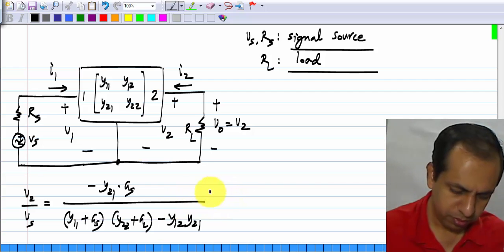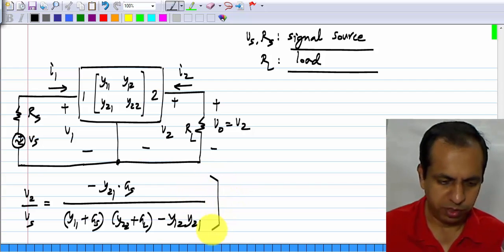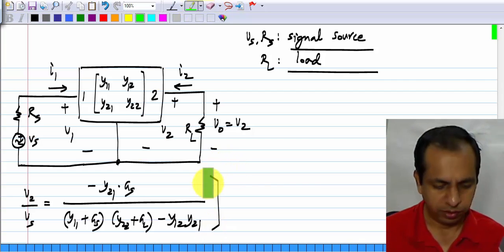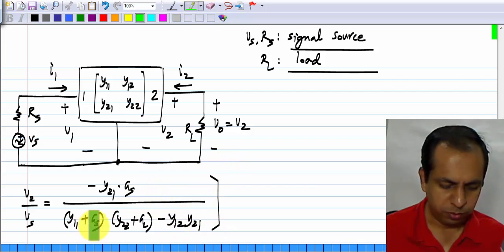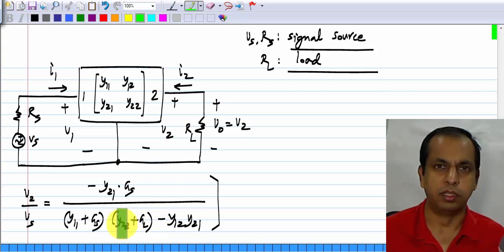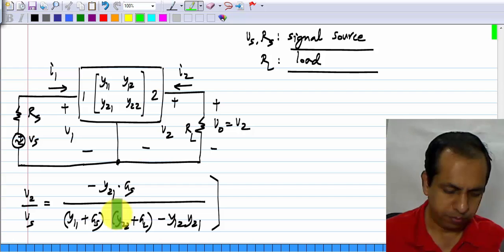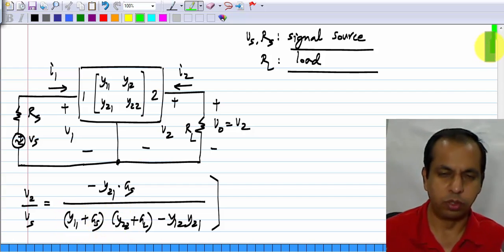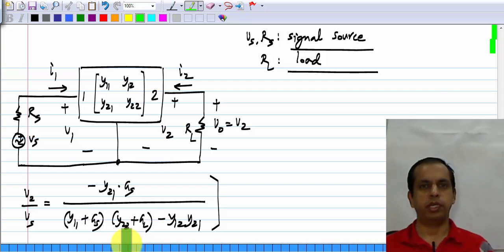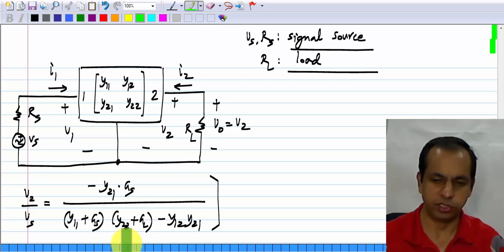Now from this expression, let's see. First of all, GS and GL, which are the load conductance and source conductance, they are positive. And it turns out that Y11 and Y22 are also usually positive. It doesn't have to be for a nonlinear 2-port, but we will consider them to be positive.